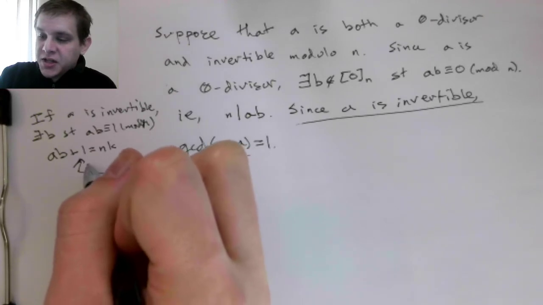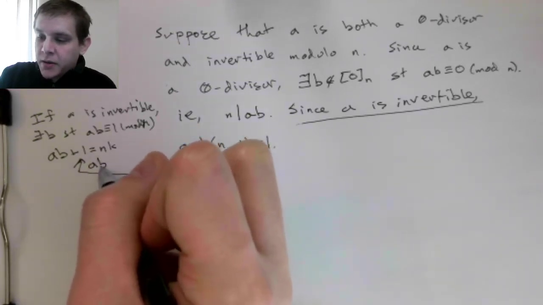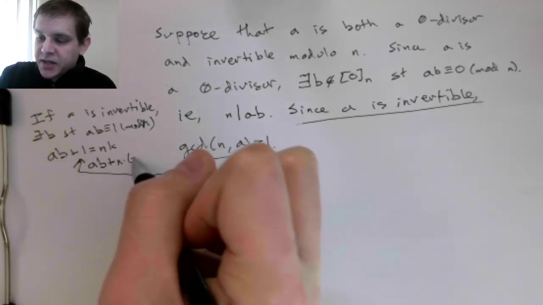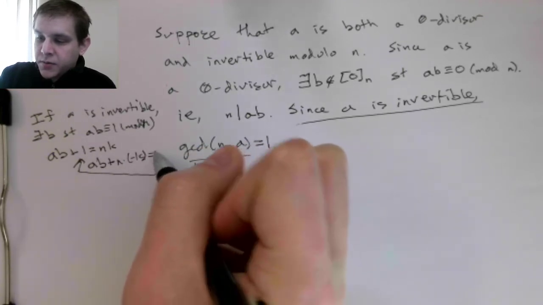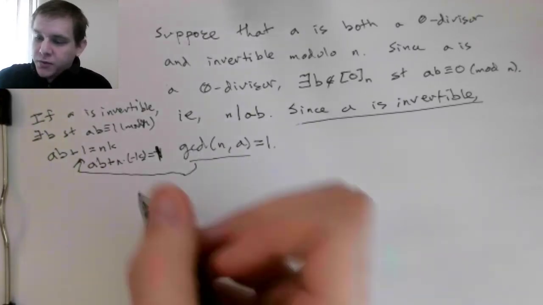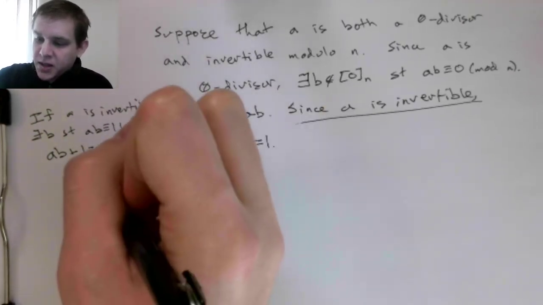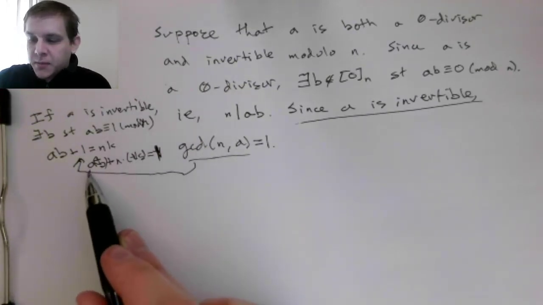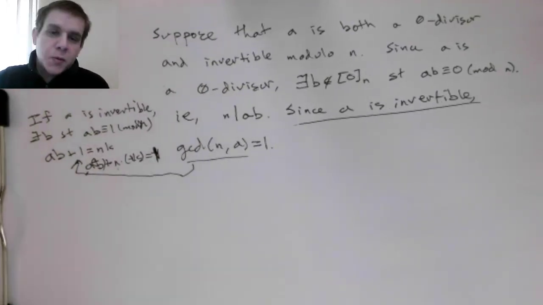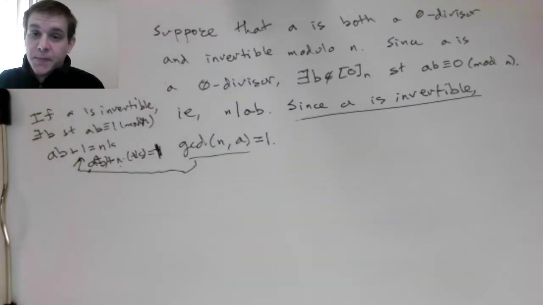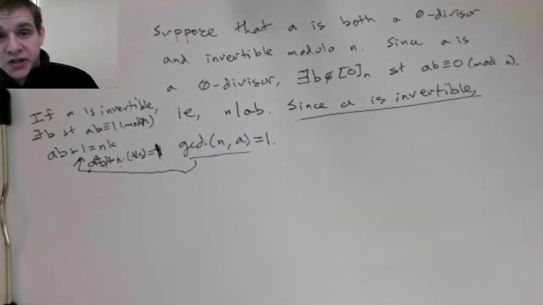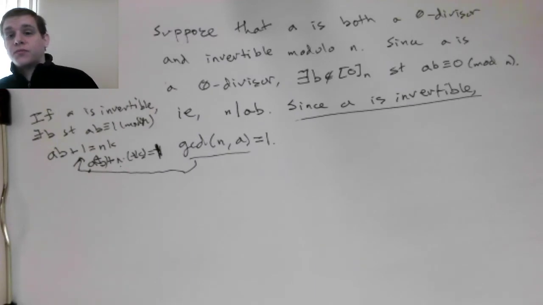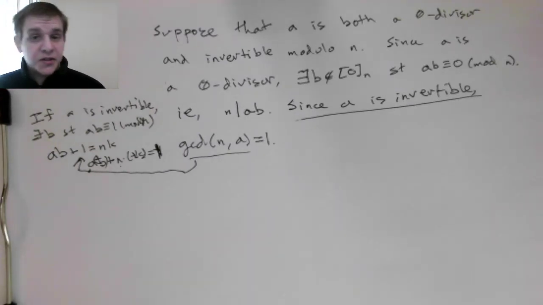Rearranging, I get AB plus n times minus k is equal to minus 1, or if I put minus signs in front of everything, I get 1 over here. The point is that I can find some multiple of A and some multiple of n that gives me 1, and that means that the GCD is equal to 1. And this is all I need for this proof here. So invertibility is equivalent to GCD equals 1.